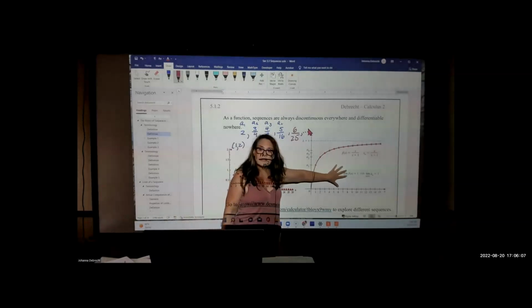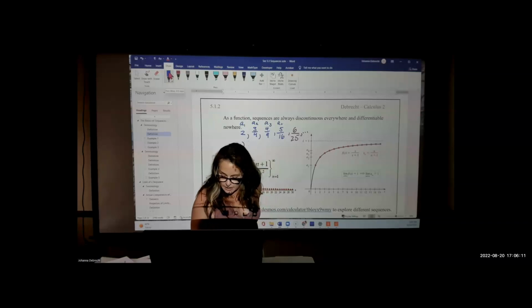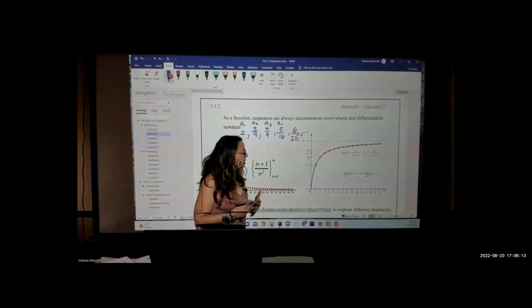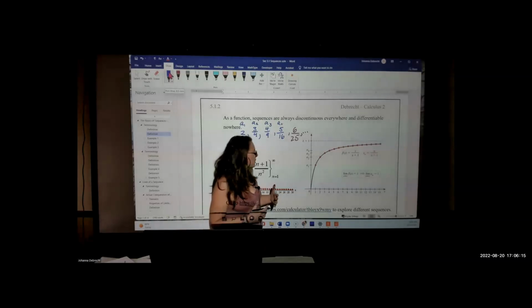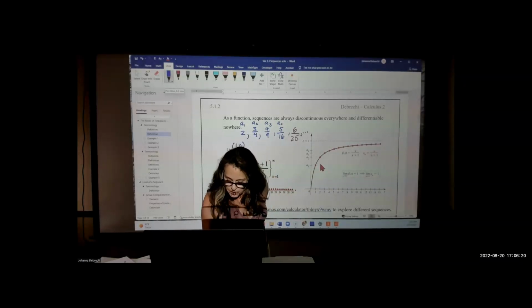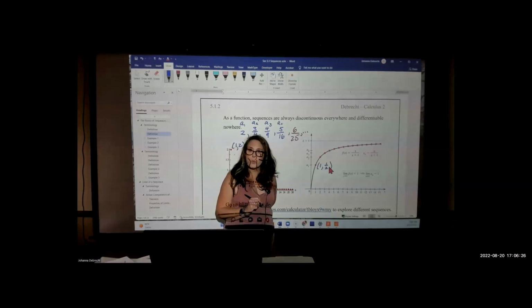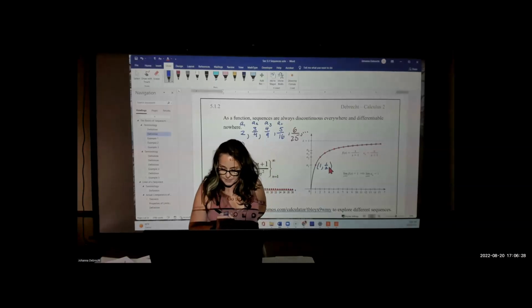This one on the right is different. Let's write down some of the values of the one on the right. The one on the right is n divided by n plus 1, starting with n equal 1, which would be this first red dot here. So that would give us 1 over 2, or 1/2. So when n equal 1, we get 1/2, which makes sense.